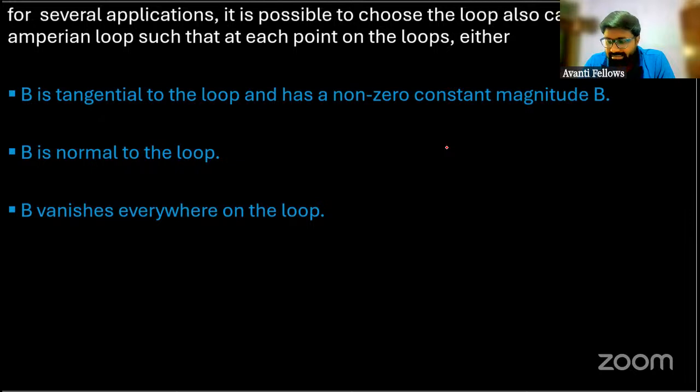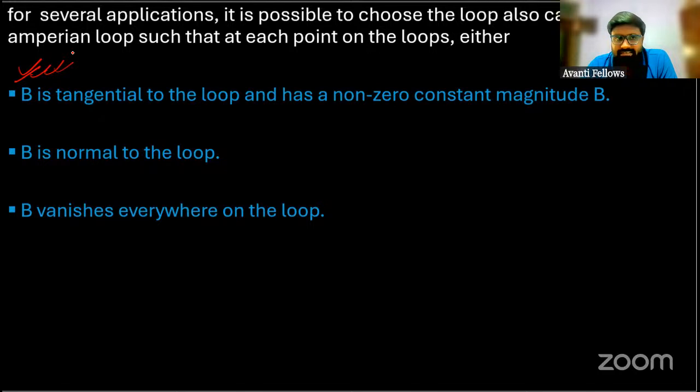In a similar way, in Gauss law we assume a Gaussian surface. Here we are also going to assume an Ampere's loop, an Amperian loop. The condition is that it will be easy for you to apply the circuital law if you remember these three conditions.